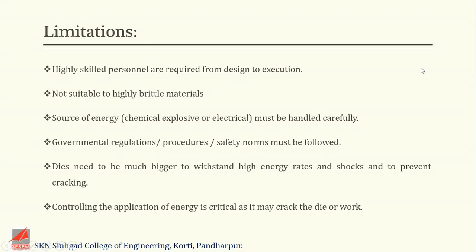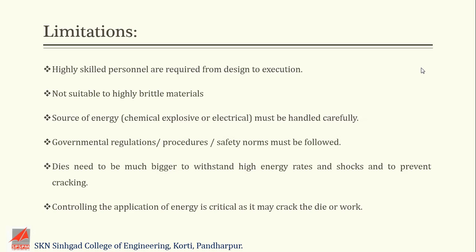Now we will see the limitations. Highly skilled personnel are required to operate the machine, because the complexity of the machine is more. That's why skilled labor is required. Not suitable for highly brittle materials like cast iron. For highly brittle material, this process is not applicable, but comparatively brittle materials we can form by using this high energy rate forming process.